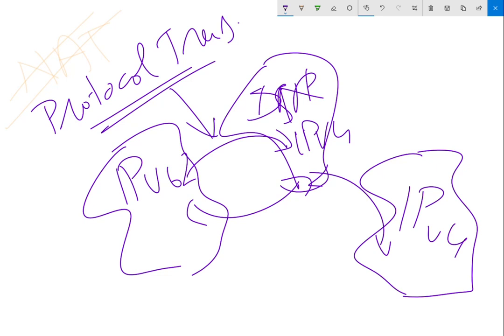We call it a protocol translation, from a local IP version 6 to IP version 4, or from IP version 4 to IP version 6, vice versa, everything. For that purpose alone, IP version 6 supports NATing, and we call it a protocol translation. So this is another advantage of IP version 6.